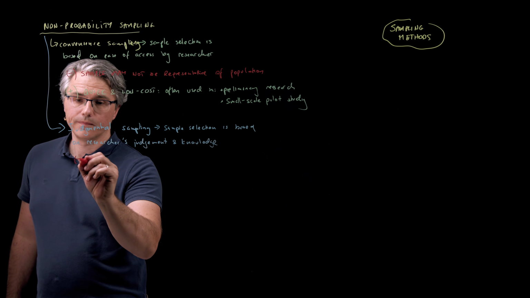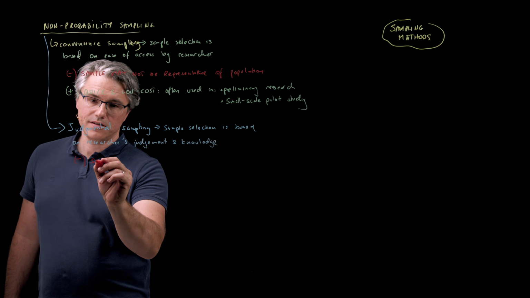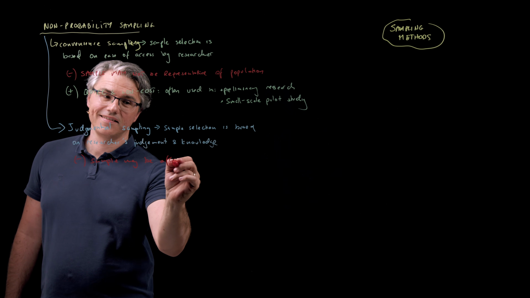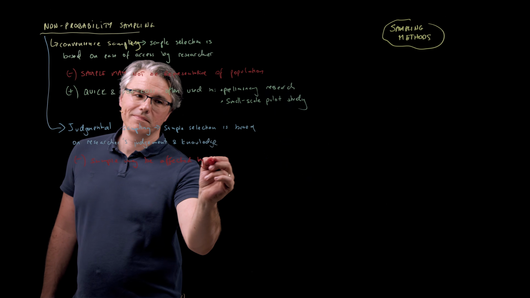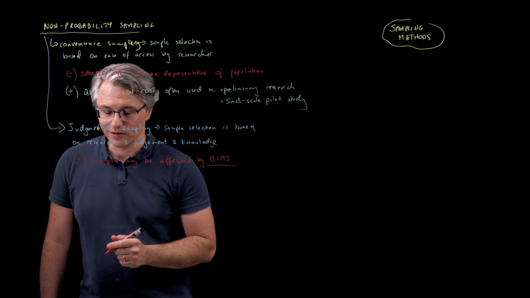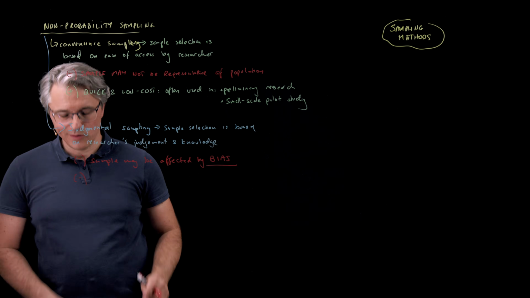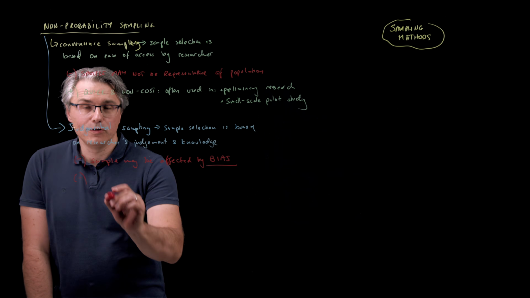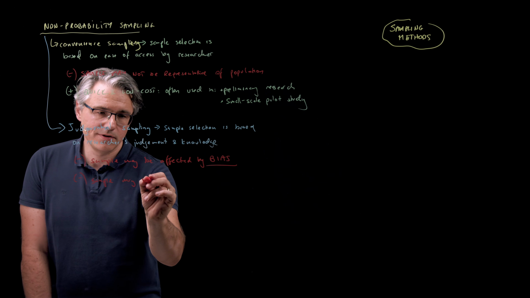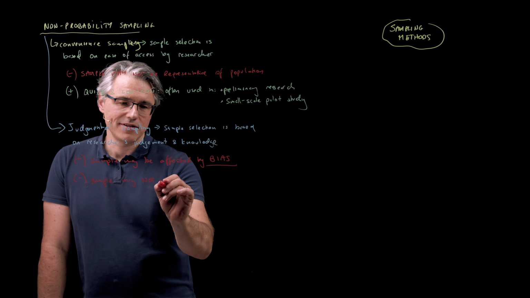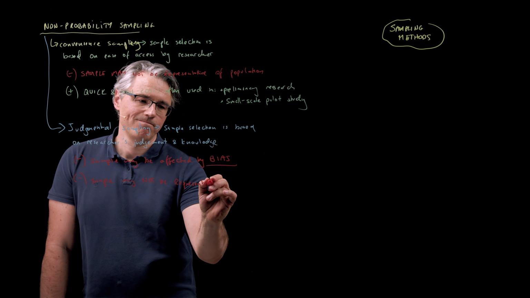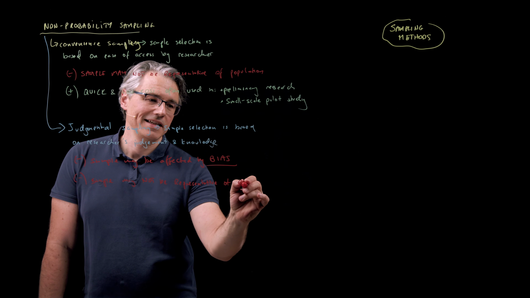Now, once again, a drawback. The sample may be affected by the personal bias, some kind of skew of the researcher towards a certain direction. And once again, obviously, the sample may end up not being representative of the entire population.